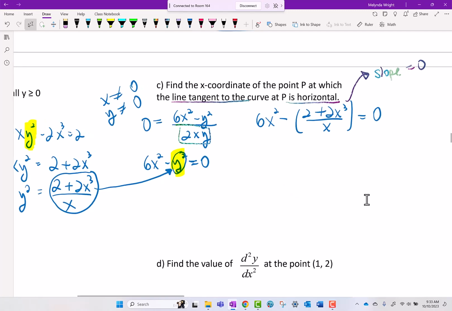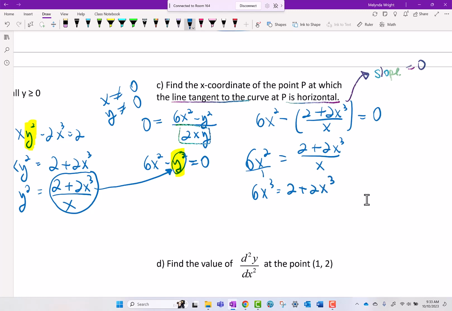So I'm going to move this whole fraction to the other side. So 2 plus 2x cubed over x. And then I'm going to cross multiply. That would be like over 1. So I have 6x cubed equals 2 plus 2x cubed. I move the x cubes on one side, so I get 4x cubed equals 2.